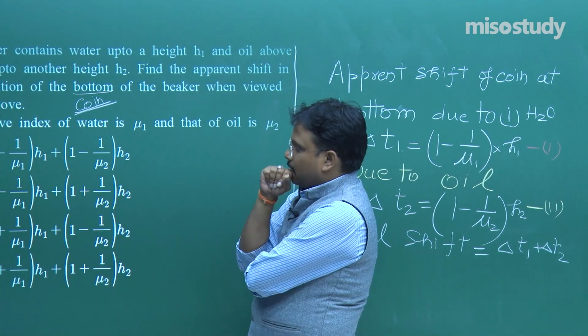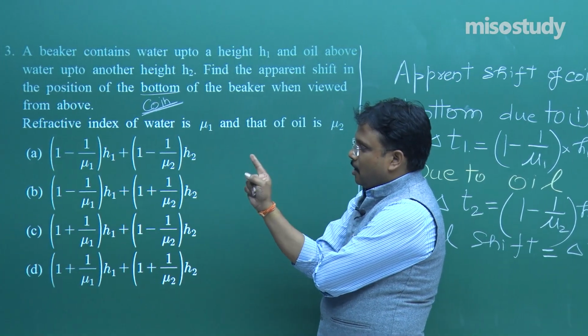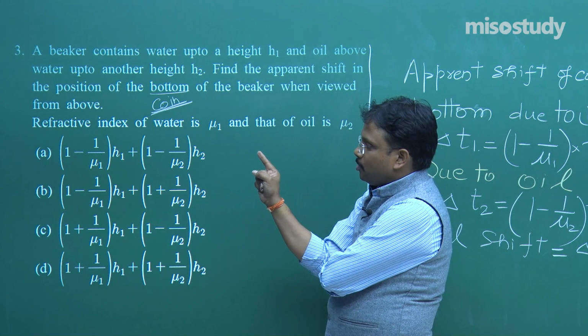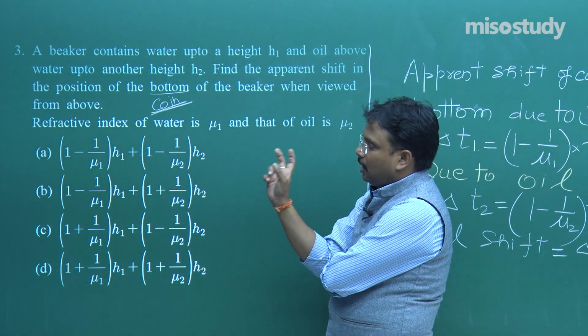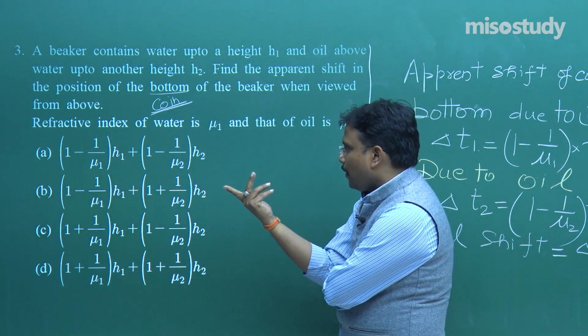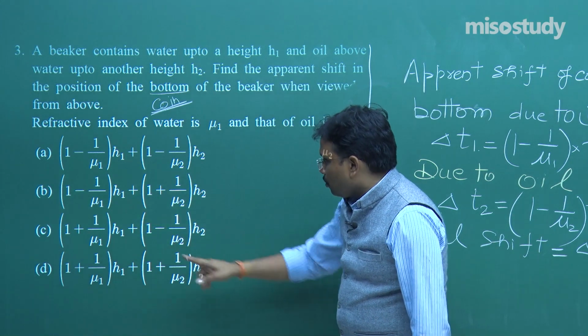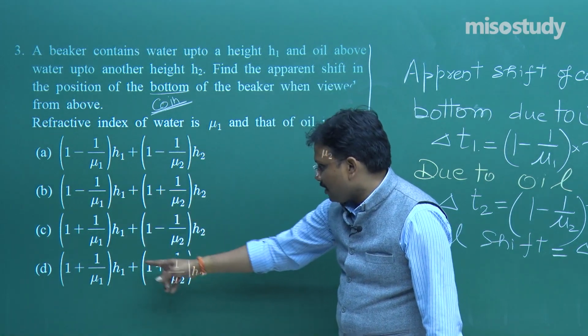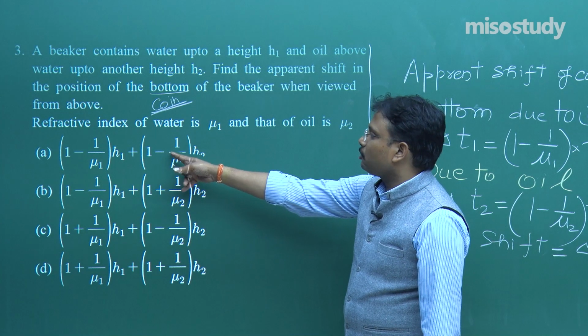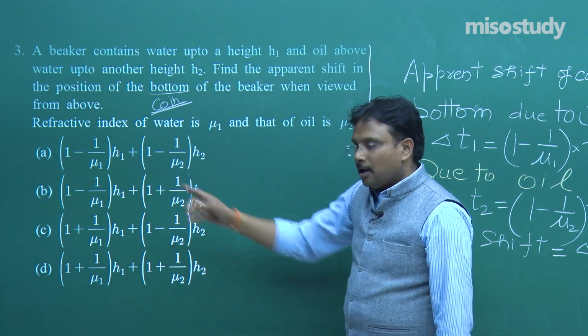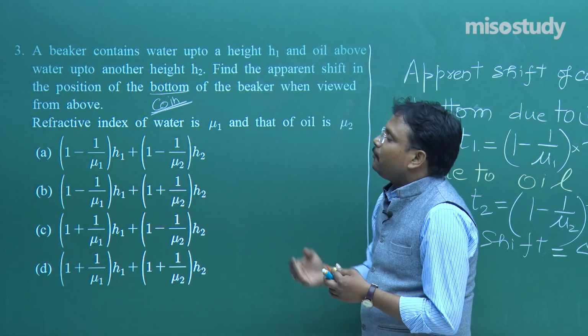Just by looking, you can say, okay, 1 minus 1 upon mu1 into actual height is the apparent change. Fine. So plus, no, not possible, not at all. So ultimately the possible option is this one.